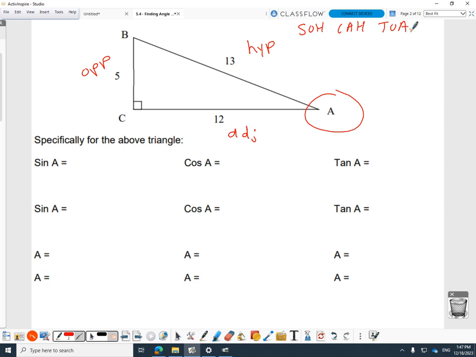Opposite over hypotenuse. He almost said hypothesis. I know your science teachers have been using the word hypothesis a lot, and it's awfully tempting to use that. So in my triangle, what are those two numbers? 5 is the opposite. Hypotenuse is 13. Good.